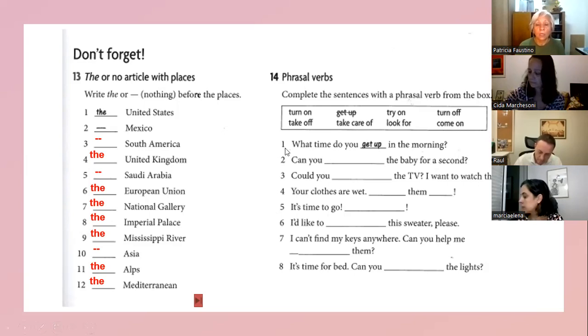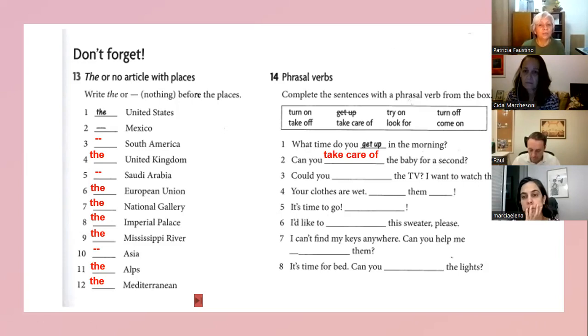Number one, what time do you get up in the morning? Number two, Sida. Can you take care of the baby for a second? And the pronunciation of this "of" is like V, of.